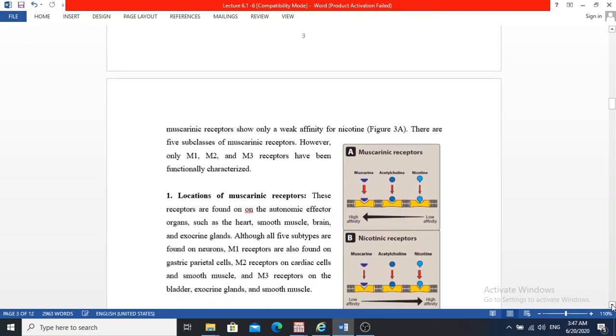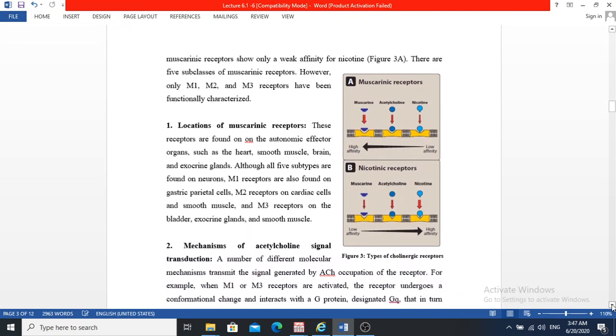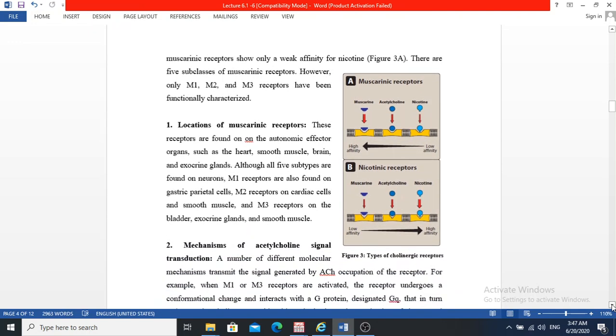Location of muscarinic receptors. These receptors are found on the autonomic effector organs such as heart, smooth muscle, brain, and exocrine glands. Although all 5 subtypes are found on neurons, the others are distributed in many organs.